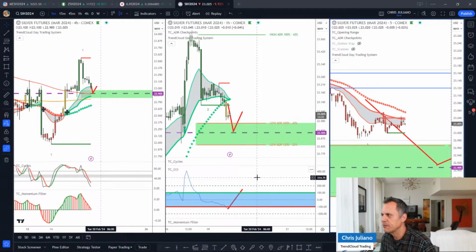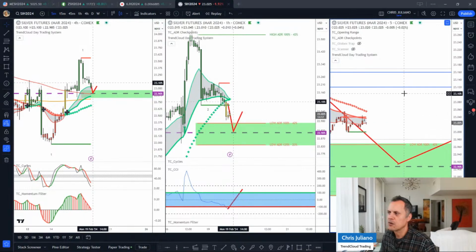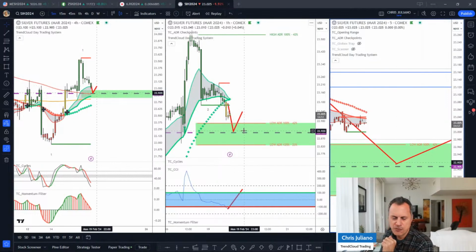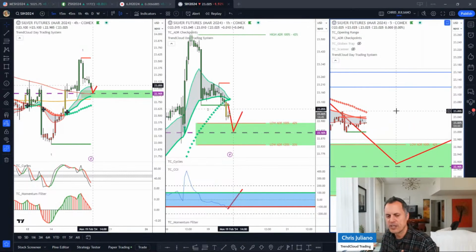There's your conservative entry to start going long on the silver trade. All right. Aggressive entry, you just take the trade right in this area, buy it. Conservative entry, wait for those TrendCloud signals to alert you on your cell phone. Okay. It's going to go right to your cell phone. That's the more conservative entry. You can start taking those.